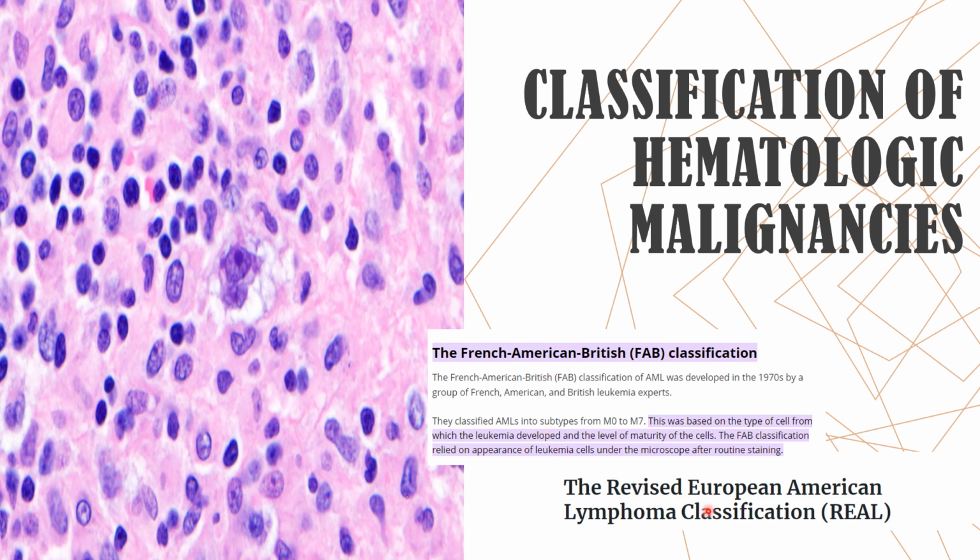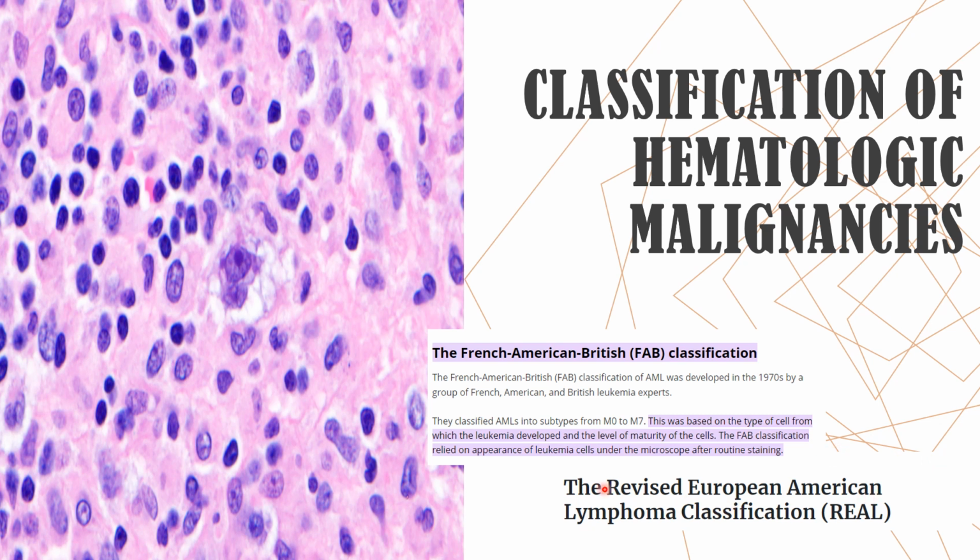Now, the Revised European American Lymphoma classification was also used for leukemias and lymphomas. This scheme is now the basis for classification of all types of hematologic malignancies and is currently being updated every now and then. It is widely accepted and for now is considered the gold standard in classification of tumors for diagnosis and determination of appropriate therapy.